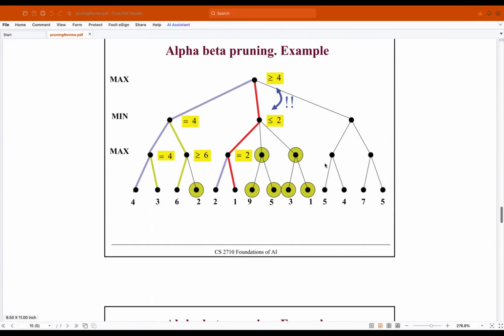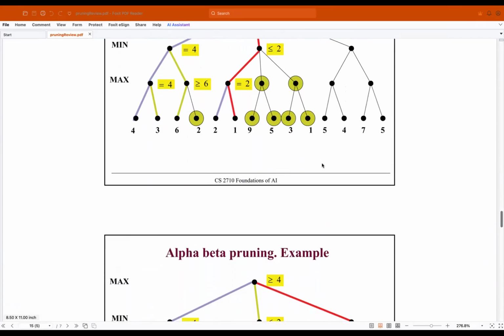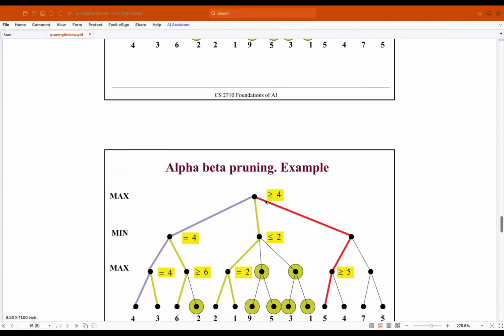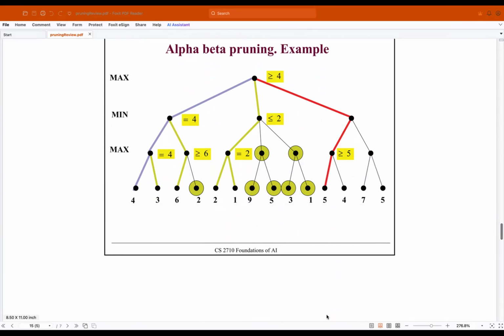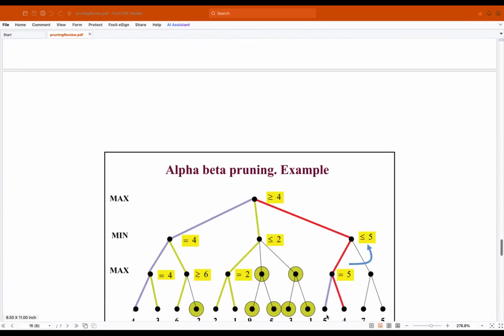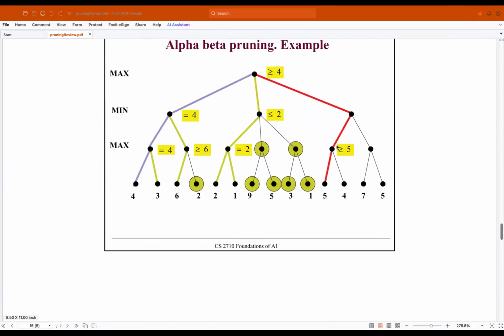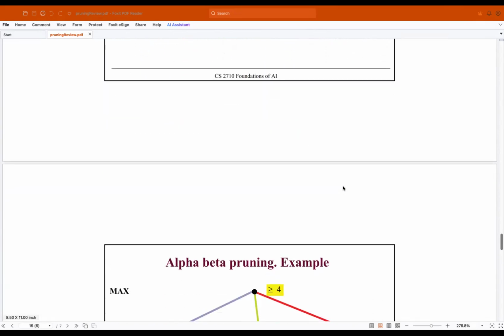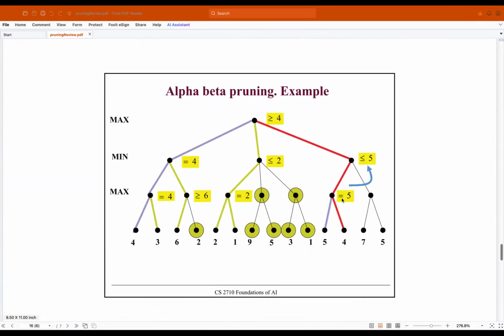So when we come to this path, we are now moving here. Here we check, we don't have anything. So we come here. So we have a 5 and a 4. Here we've put greater than or equal to because we haven't yet considered what is there. Then once we consider what is there, we are now sure that it's a 5.